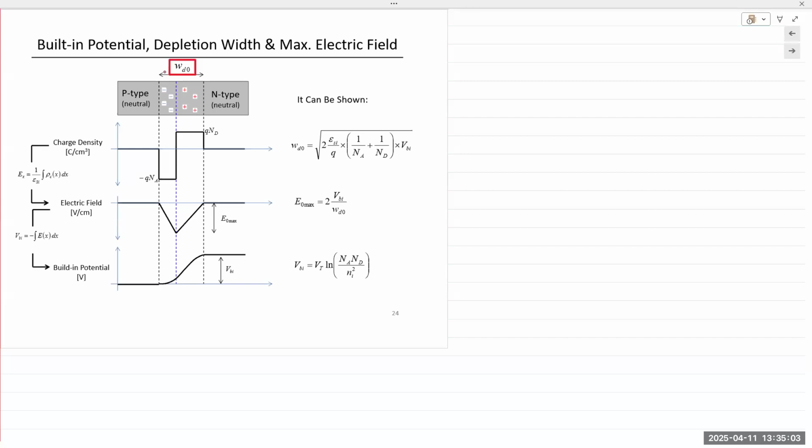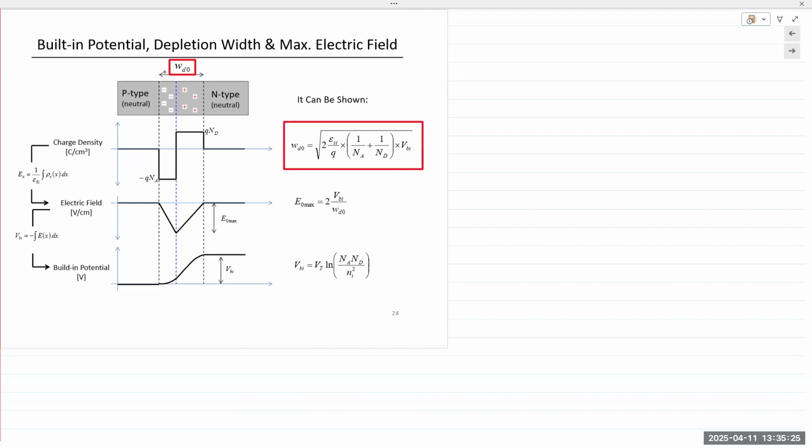Uppercase W is power, watts, named for James Watt. WD0, D, of course, is the width of the depletion region. And then the equation for that is given here.